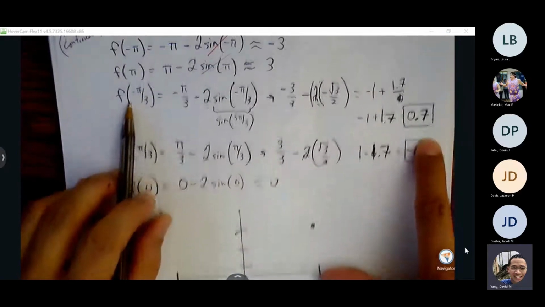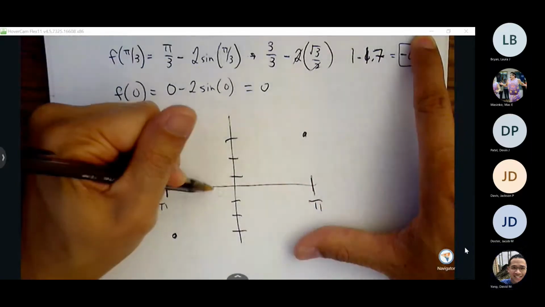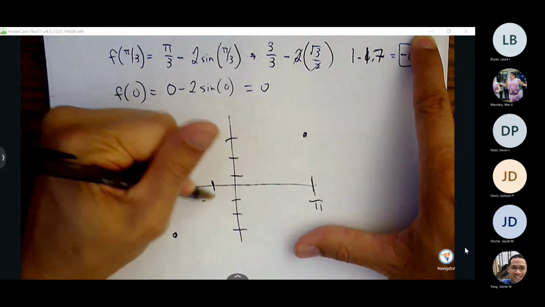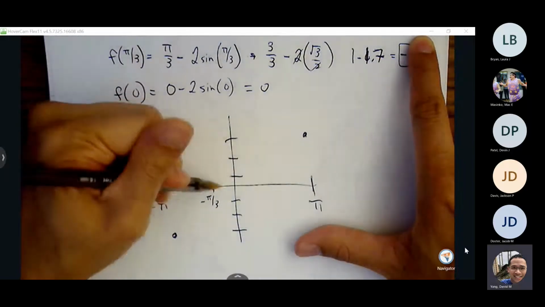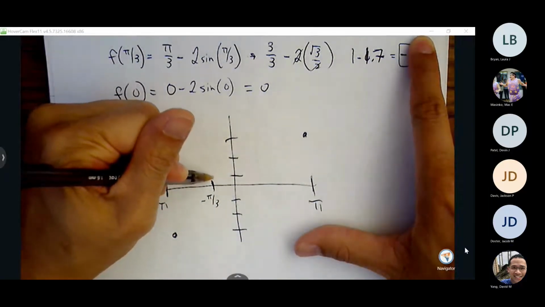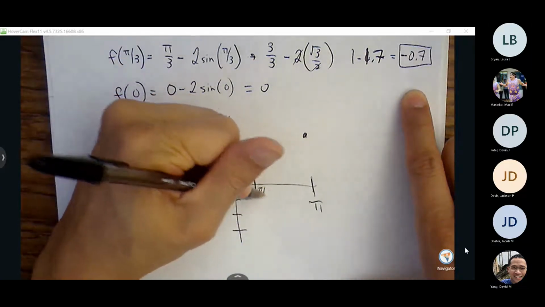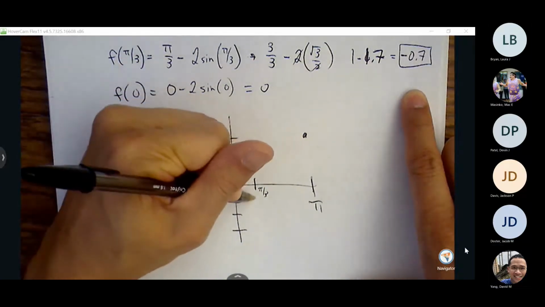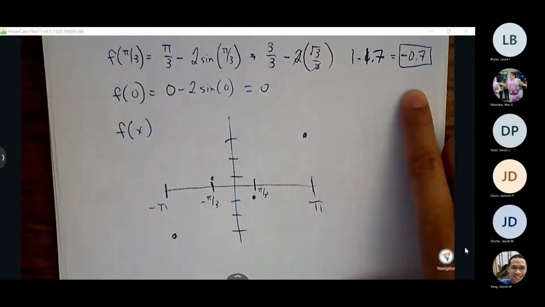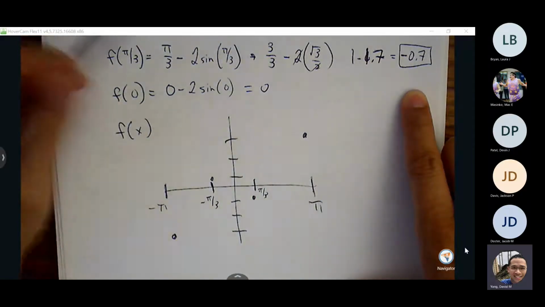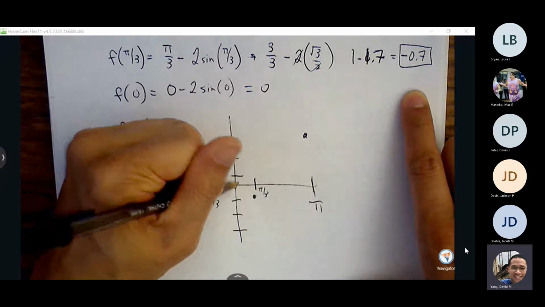Negative pi over 3 is going to be at 0.7. Pi over 3 is going to be at negative 0.7. And then there's a point of inflection at 0.